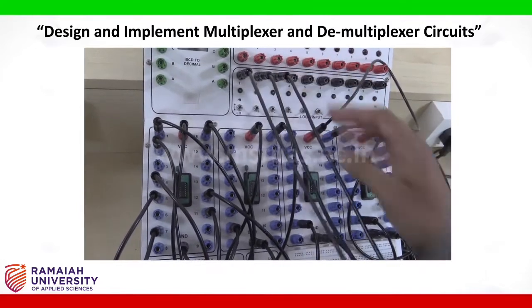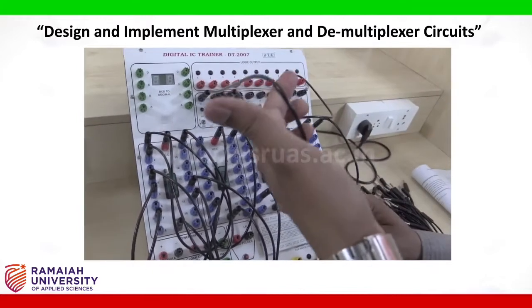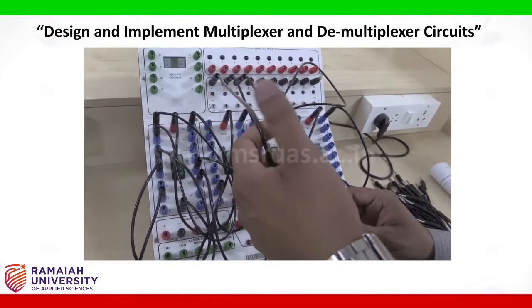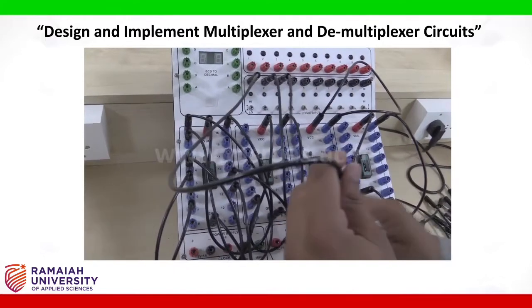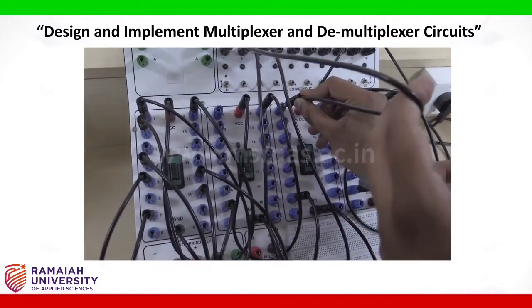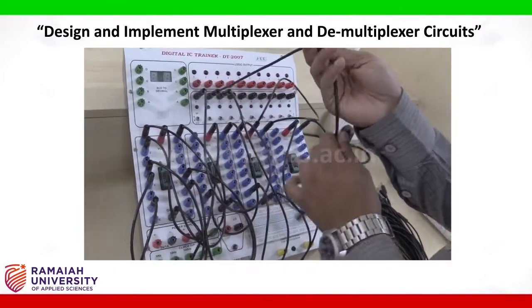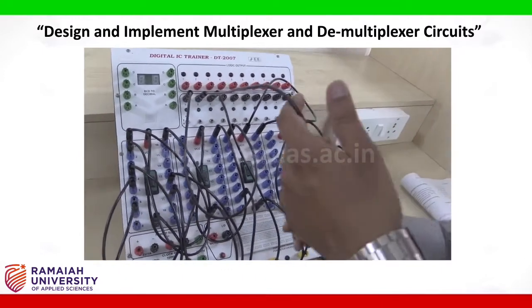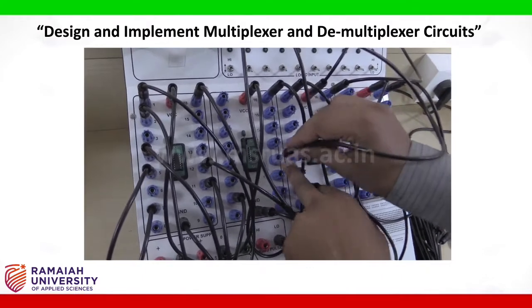The select line S1 is connected to pin number 1 of the 4 input NAND gate, that is here. Next, S0 is connected to pin number 10 of the second IC base, that is here.